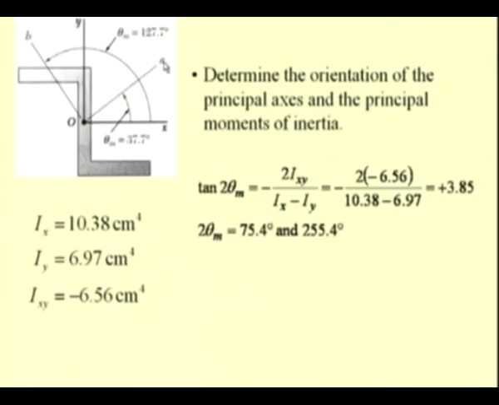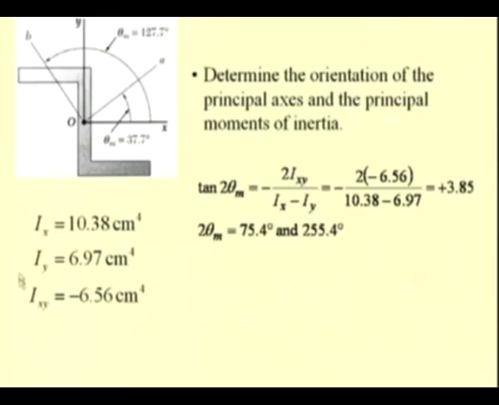Let us say this A and the axis which is at 90 degrees, that is B, corresponds to the principal axis, and if this axis BOA is rotated by an angle of this theta m, then the values of the moments become the extremum, and that angle is given by this equation: tan 2 theta m is equal to minus 2 Ixy by Ix minus Iy.